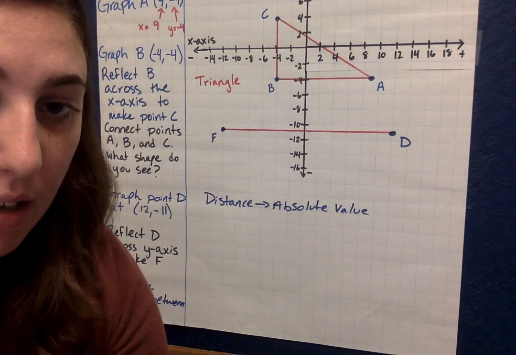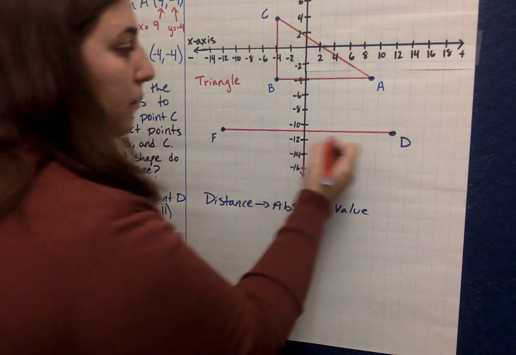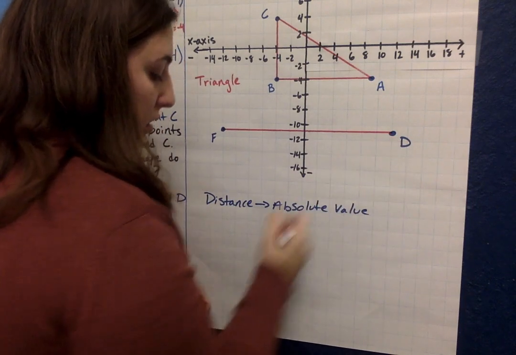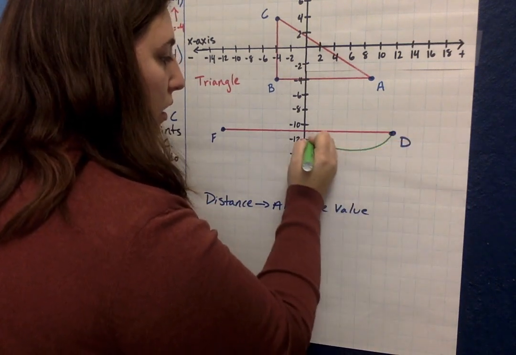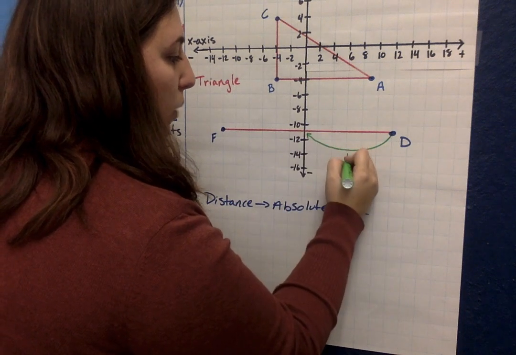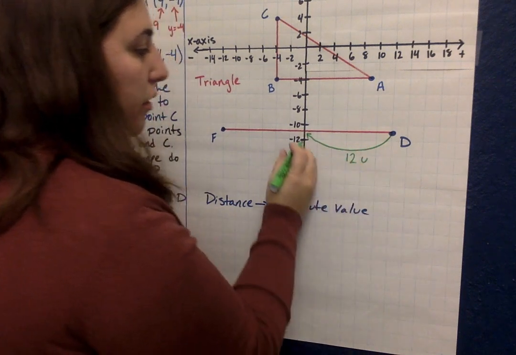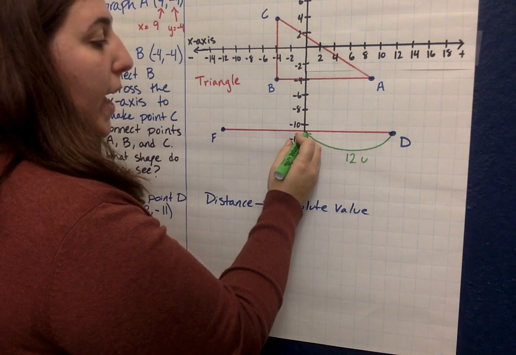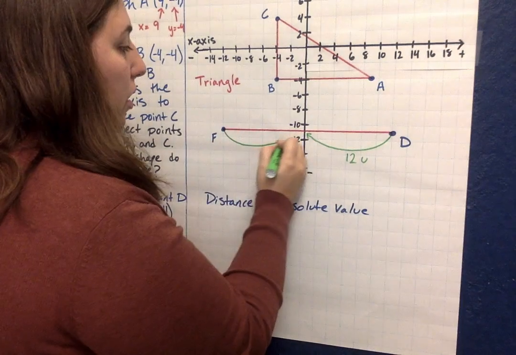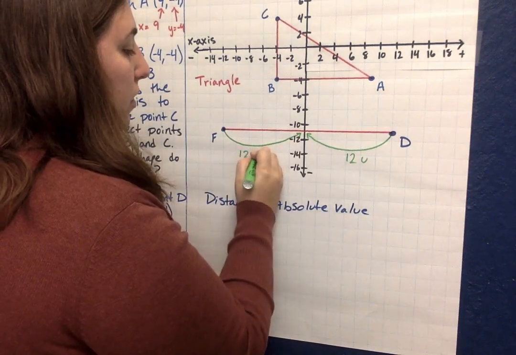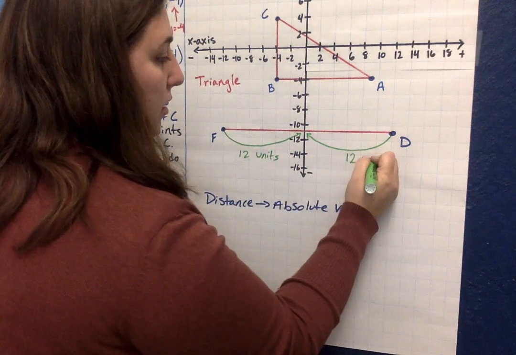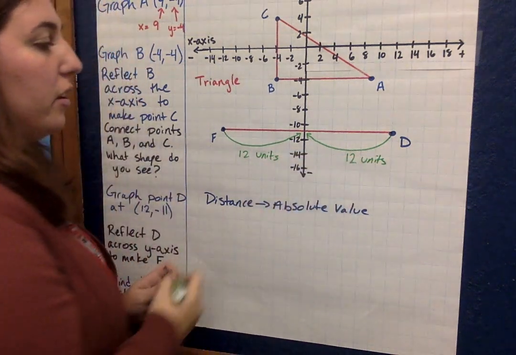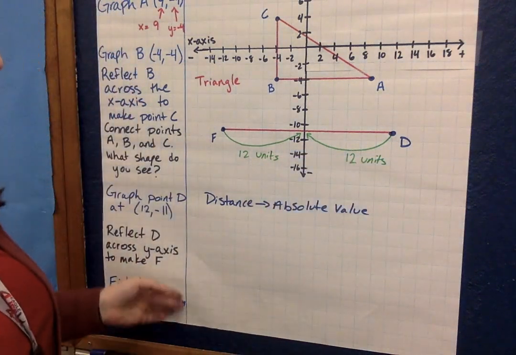So you could do that, okay? This is 12 units away from the y-axis, and this is also 12 units away from the y-axis. Okay, so if I added those together, I would get 24 units.